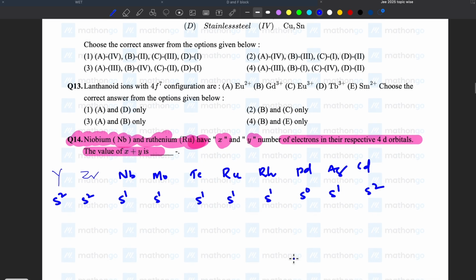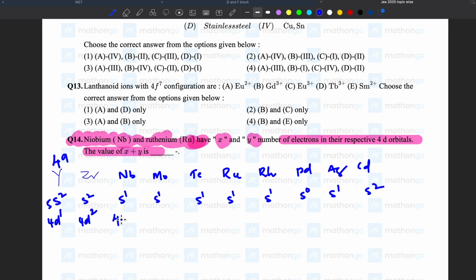Okay, so yttrium is 39. What comes before yttrium? 38. So here, what do we start with? This is 5s2 4d1. This is 4d2.